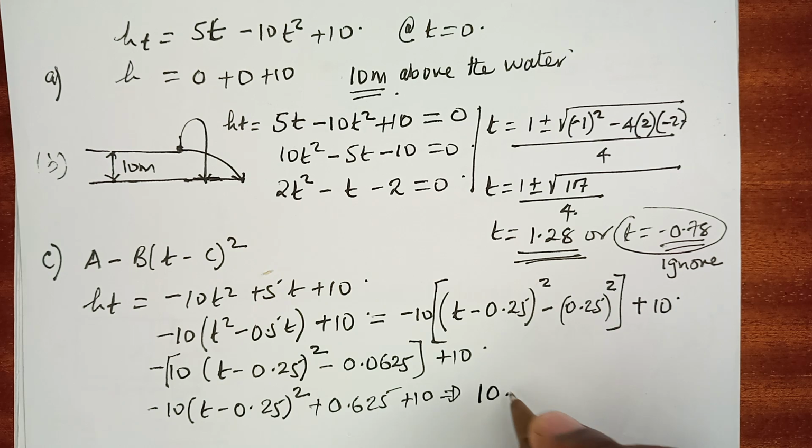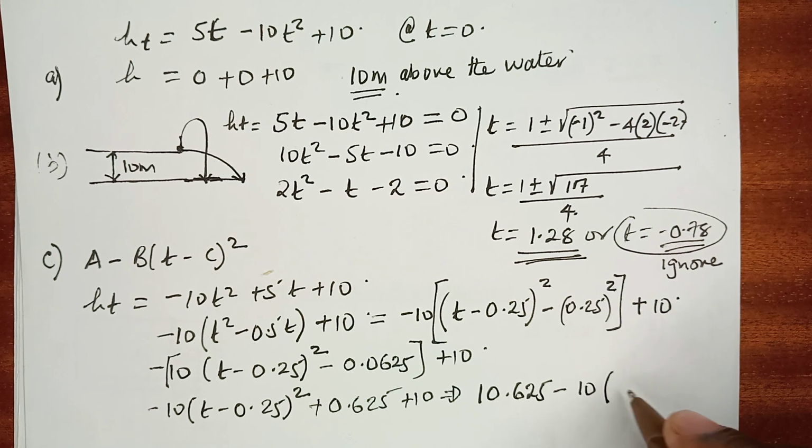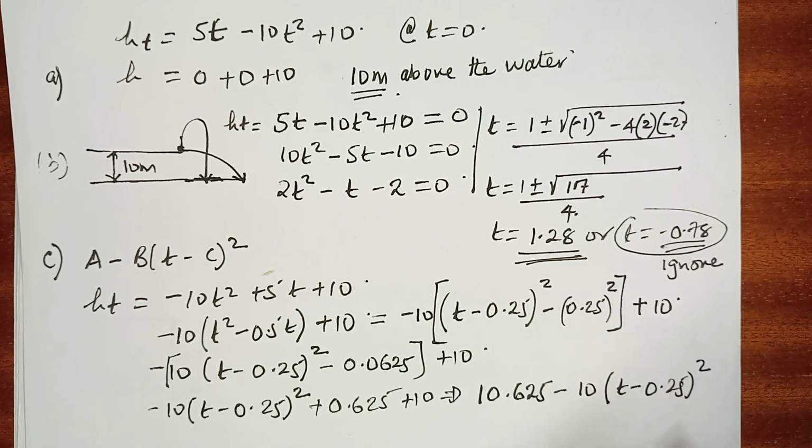It gives you 10.625 minus 10 (t minus 0.25) squared.